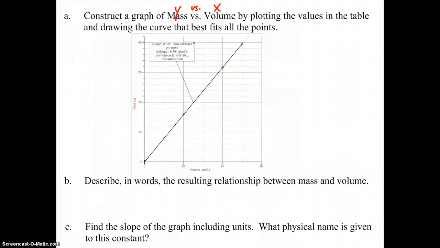And the first thing we're asked to do in B is describe in words the resulting relationship between mass and volume. Well, our graph has produced a linear fit to the data of mass and volume, and the relationship that results in is, of course, directly proportional.